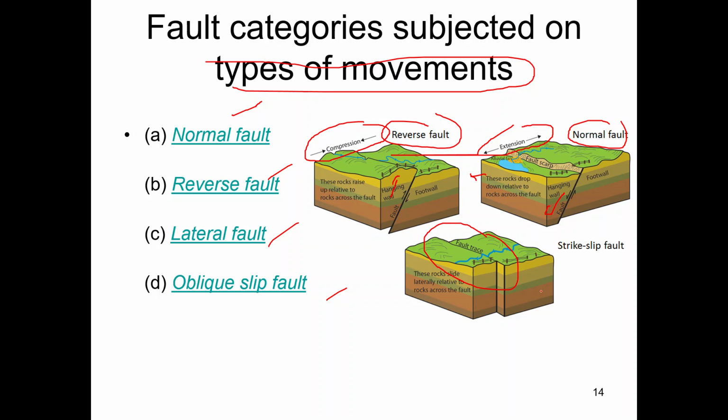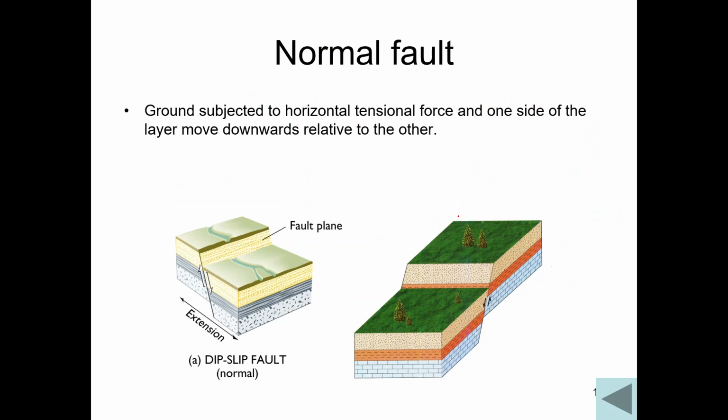For lateral, we have movement in lateral form. An oblique slip fault is a combination of this slide and a normal fault or reverse fault. So this is the normal fault we discussed. Important is this is tension or extension force. This is going down here.